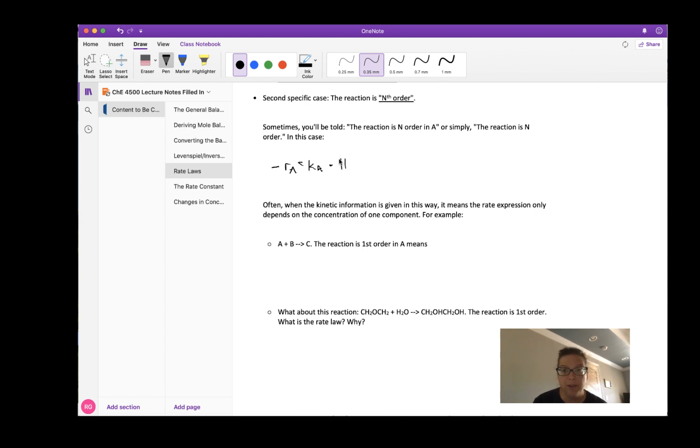Again, you're going to have this power law model, a product over the number of reactants or relevant species of the concentration of the different species, raised to n_i, where, this time instead of nu, we use n, and the n_i are the reaction orders.